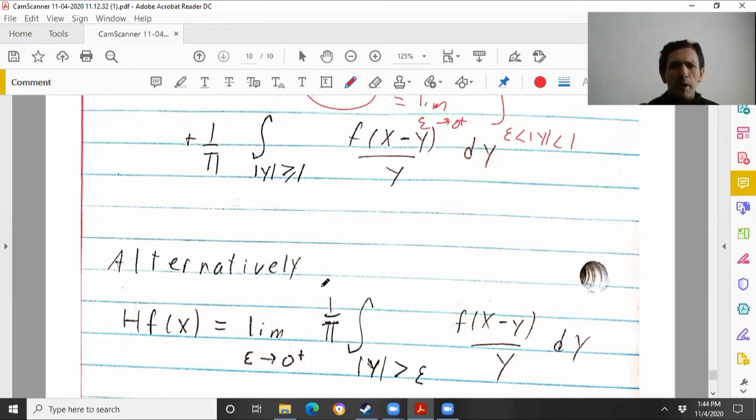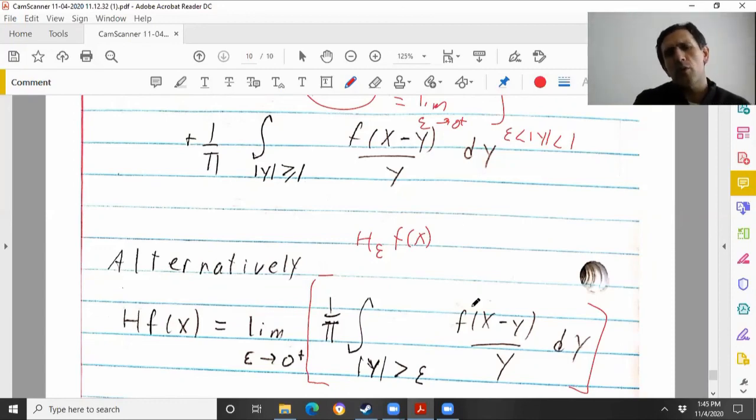So the nice part about this is, at the very least, you can call this H epsilon f of x. Well, this is obviously defined for any f in L1.